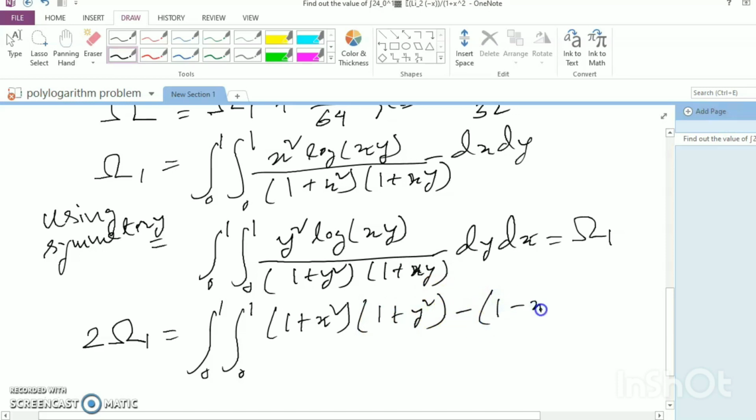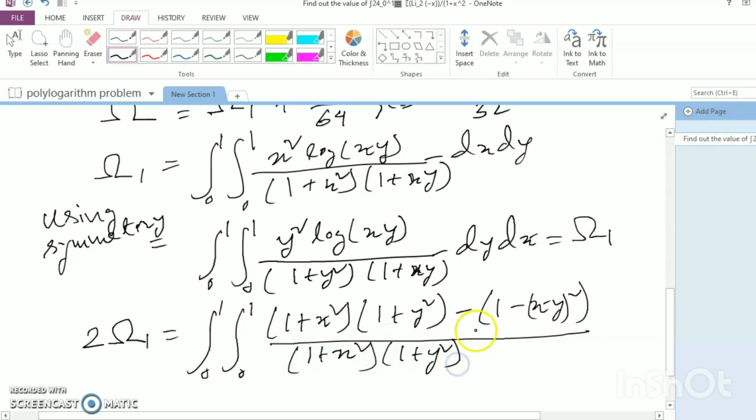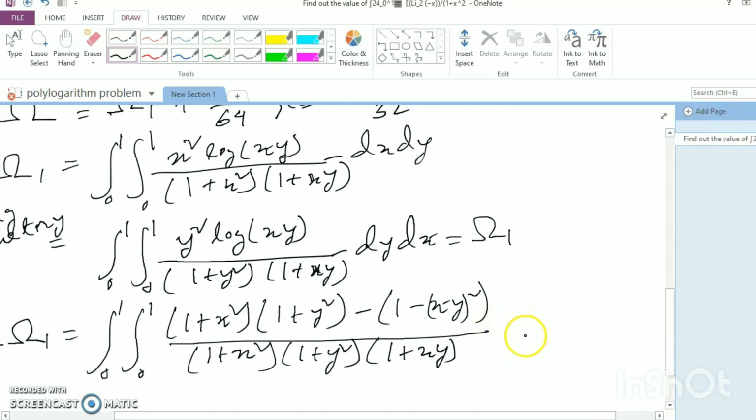into 1 plus y square, 1 minus xy whole square, divided by x square, 1 plus y square and 1 plus xy, dx into dy.